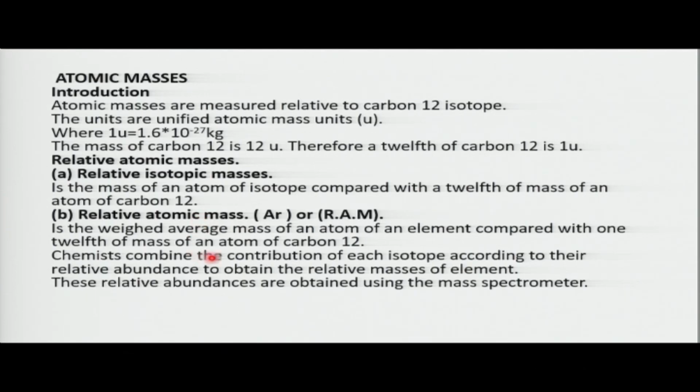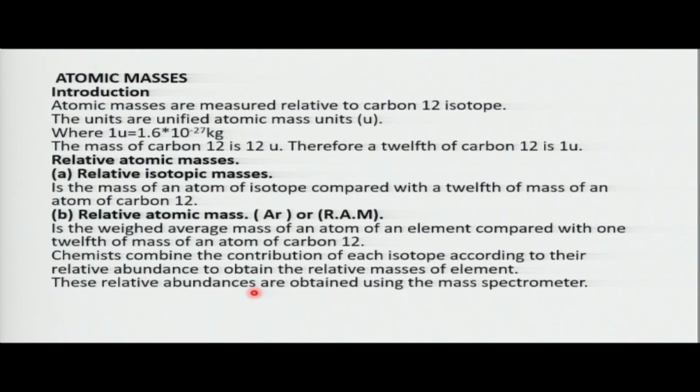So chemists combine the contribution of each isotope according to their relative abundance to obtain relative masses of an element. These relative abundances are obtained using the mass spectrometer to see how it helps us to find our relative atomic masses.